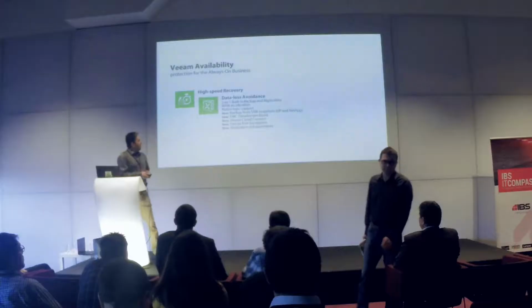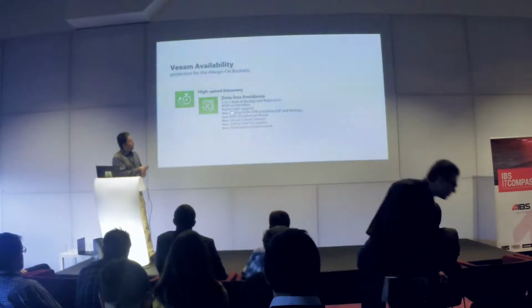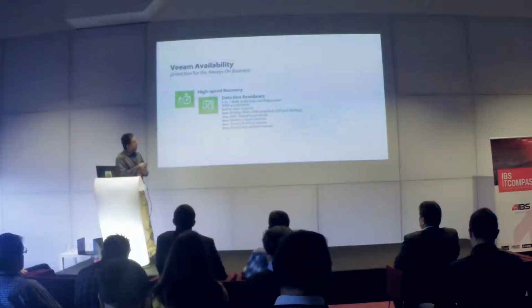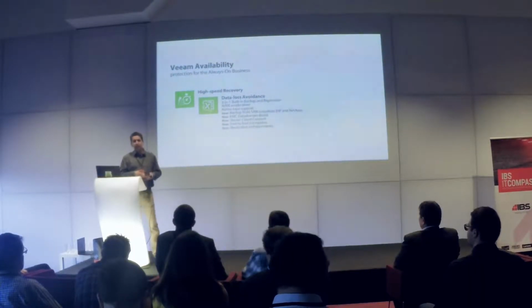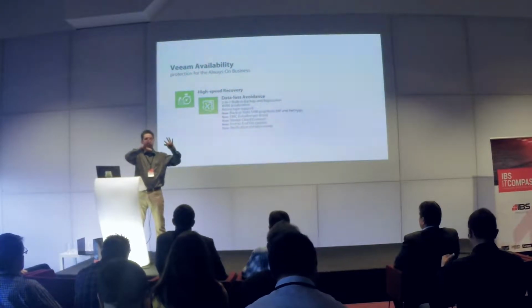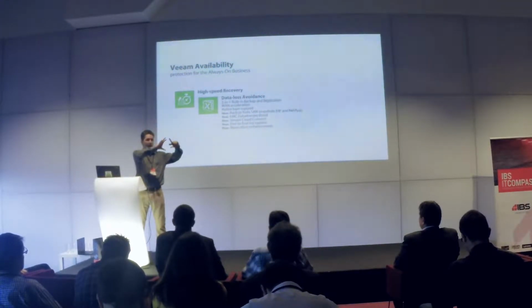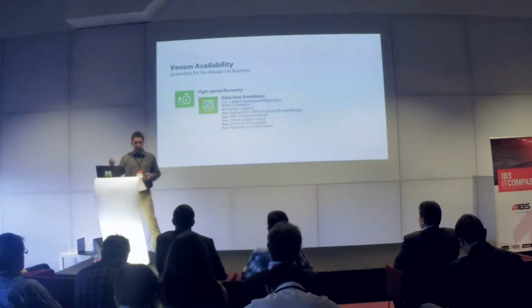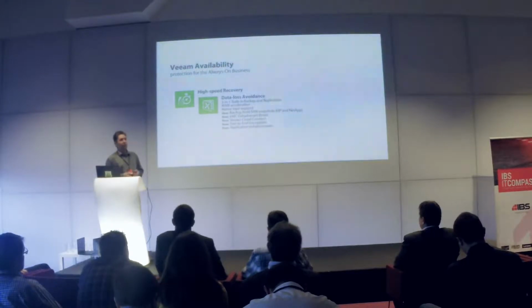We can transfer through the WAN links with WAN acceleration, which allows us to create backup copies faster, and we do support snapshots. We can create a snapshot from the virtual machine, but offload this process to the storage, because the storage today is usually very intelligent and knows how to create these snapshots. We just use the storage capabilities to create these snapshots.